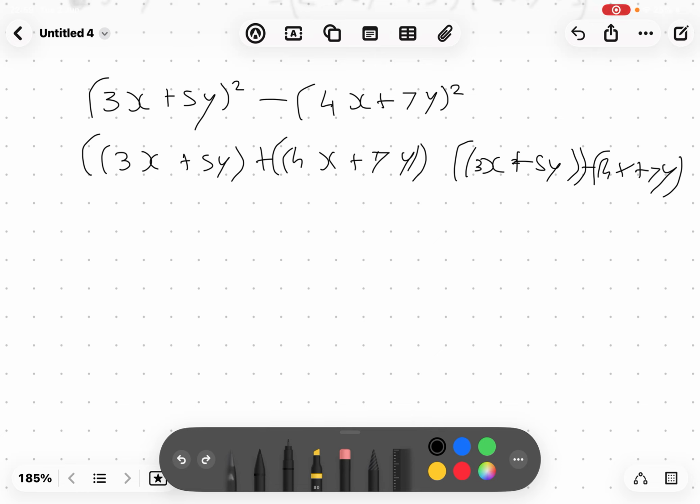So look, first of all, let's count how many x's we have. We have 3x, 4x, 3x, and then over here negative 4x. So this 7, 10, and then take away 4 equals 6x.